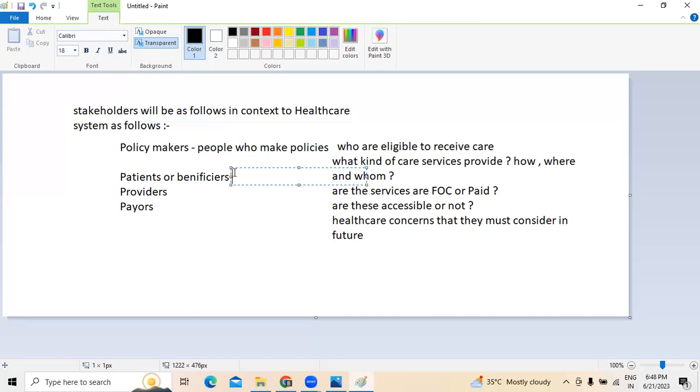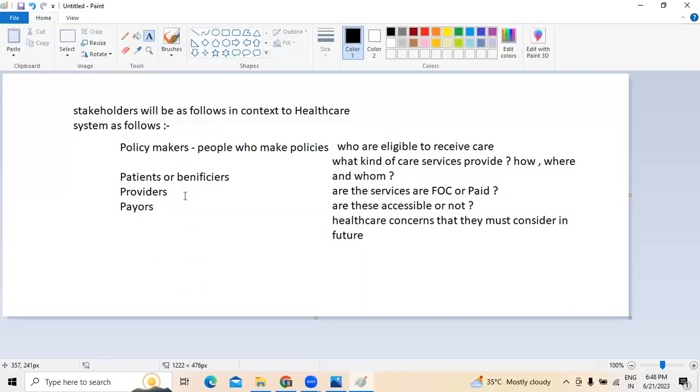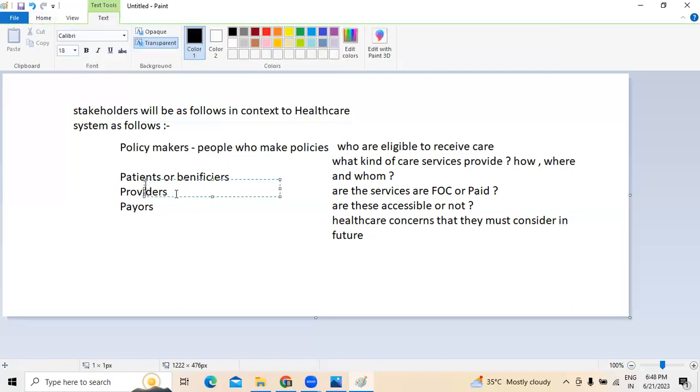Now, the third one is called providers. You know about providers: people who are providing the services, whatever care delivery they are providing, hospitals, clinics, nursing care and so on. But at the end of the day, these providers should provide care delivery within the framework of the policy.